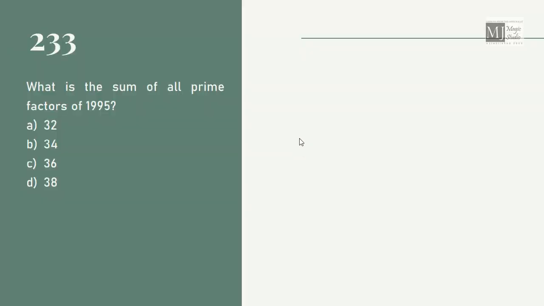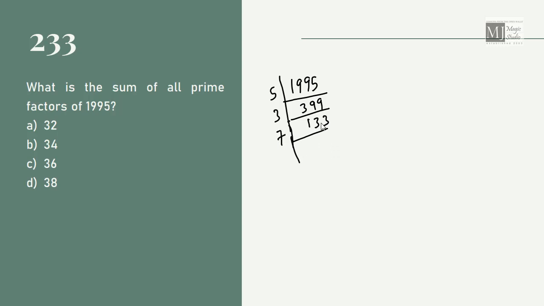What is the sum of all prime factors of 1995? Prime factor means all the prime numbers which can divide 1995. It is divisible by 5, 3 times 49, 9, and then 9. It is divisible by 3, 1, 3, 3. Now if I divide by 7, 1 time, and then 63 is 19, and 19 is a prime.